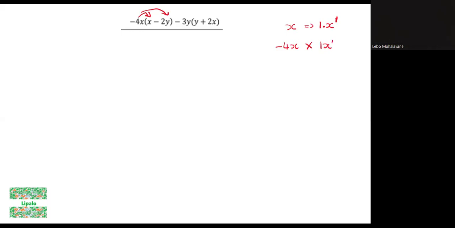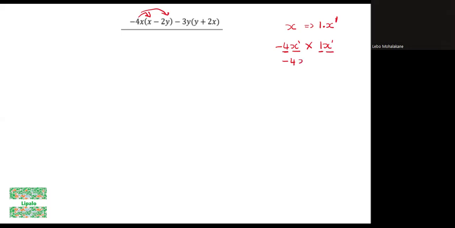Also, with this x here, there's an invisible one we do not see. We don't have to write the one there. So, coefficient multiplies coefficient. What is the answer? Negative 4. Negative 4 times 1, it's negative 4. Then the variable multiplies the variable. This is the case for all terms when you multiply.